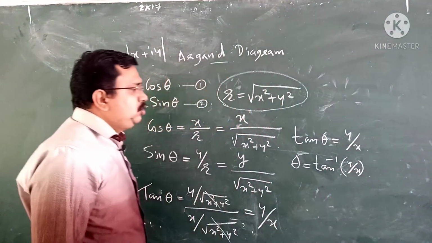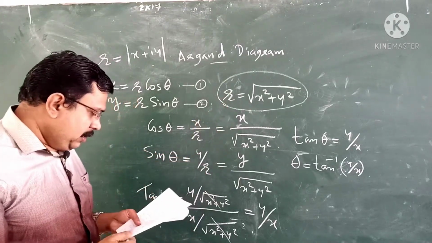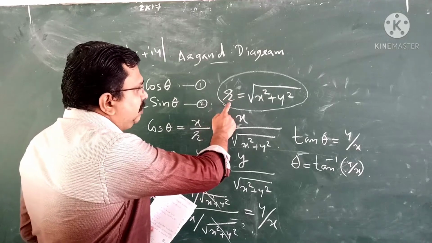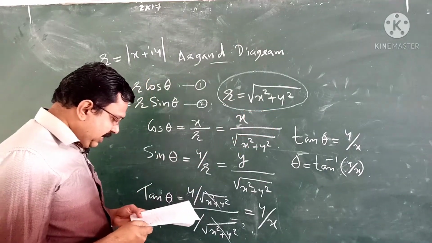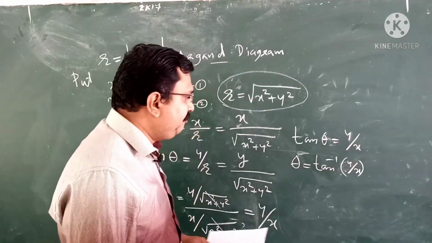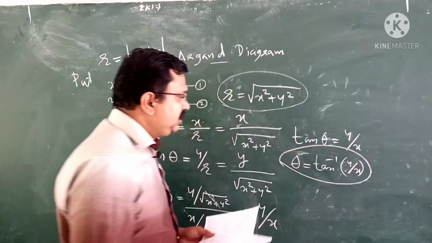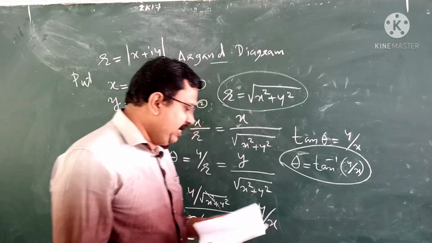Two important points are there. First one is called the modulus of complex number, r equal to root x square plus y square. And second one is theta. Tan theta equal to y by x. Therefore, theta can be calculated by using this equation: theta is equal to tan inverse y by x.